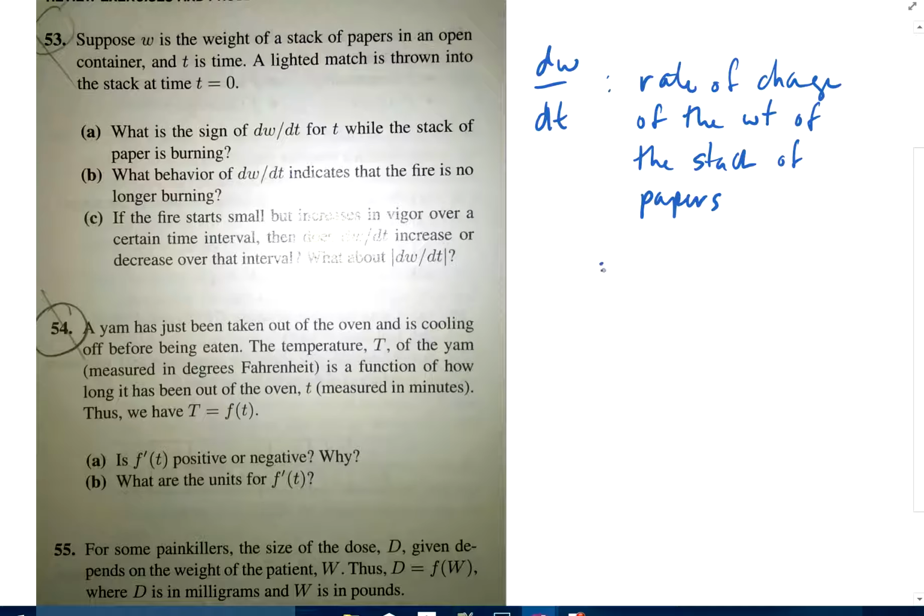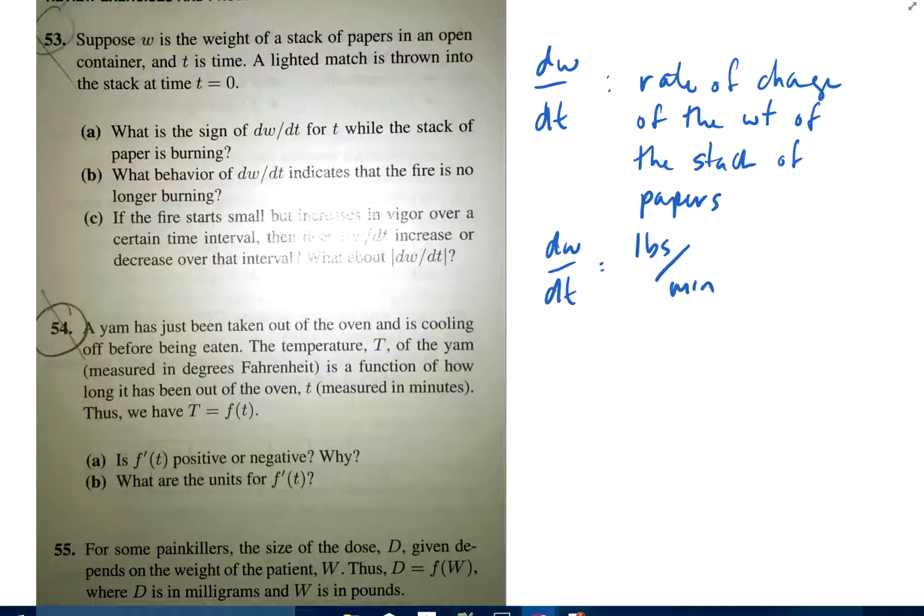Let's look at it in units. Units is always a good thing to consider to make sure we're good on this. W is in pounds, and time is in minutes. So the rate of change of the weight is pounds per minute.